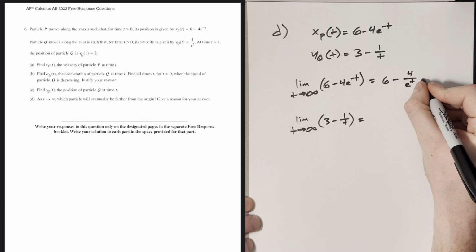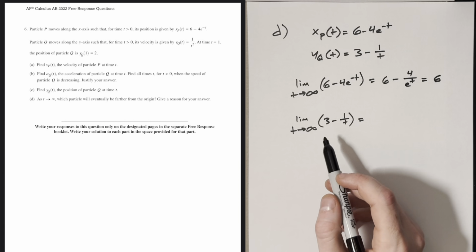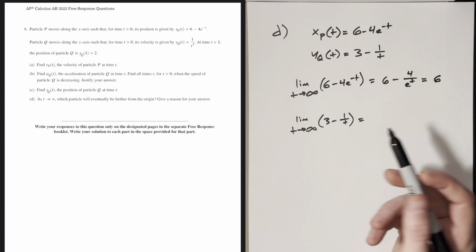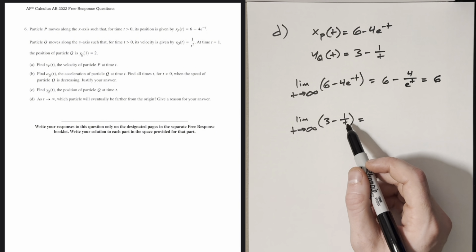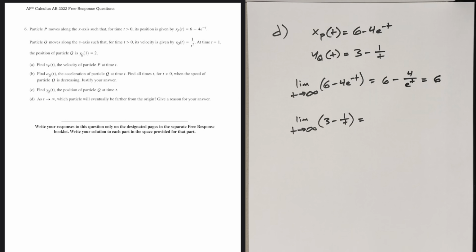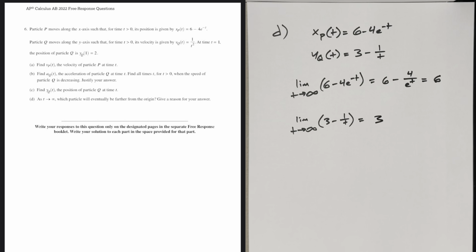So 6 minus 0 will just equal 6 as t approaches infinity. And a similar process happens for our second one, particle Q. As t approaches infinity, 3 just equals 3, right? But 1 over t, infinity is infinitely big, so 1 over t is going to approach 0. So this limit will just equal 3.